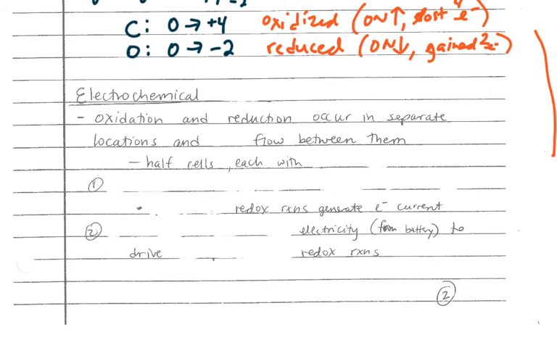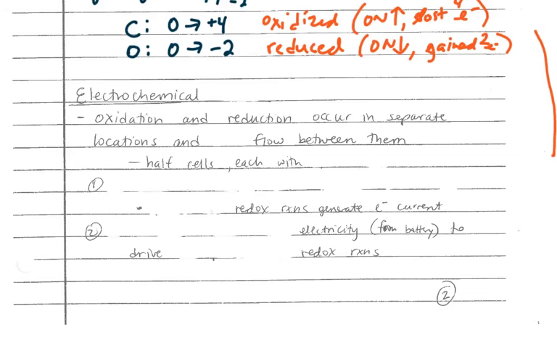Electrochemical reactions involve the transfer of electrons, and the flow of electrons is what electricity is. And so we can use these chemical reactions to either generate electricity, or we can use electricity to make chemical reactions go.